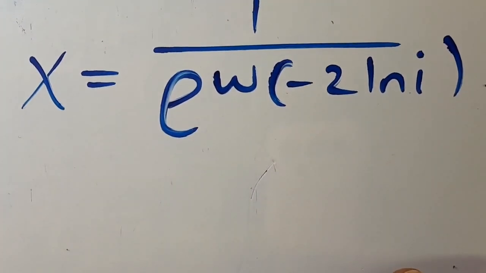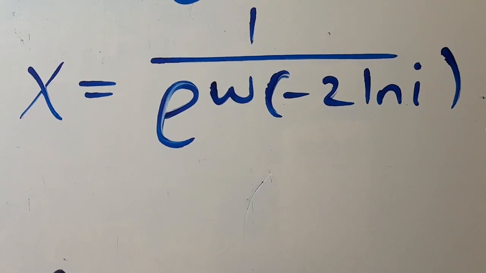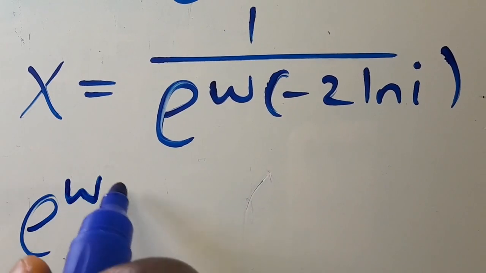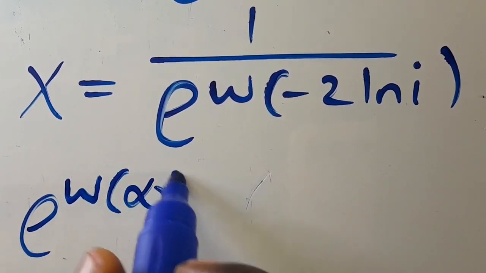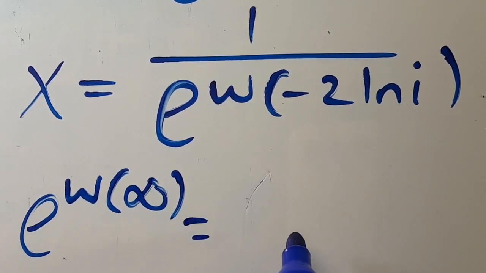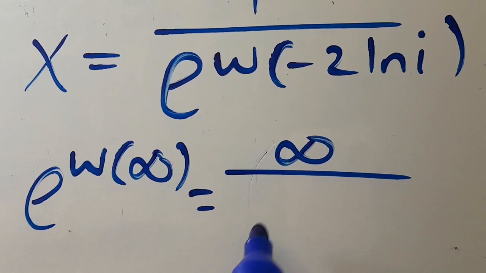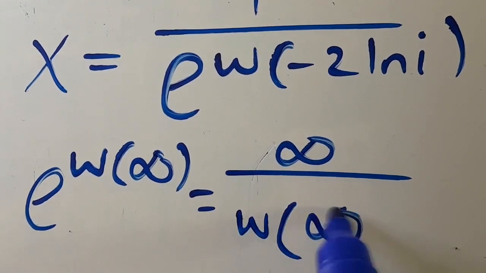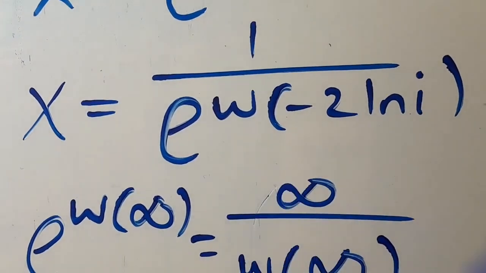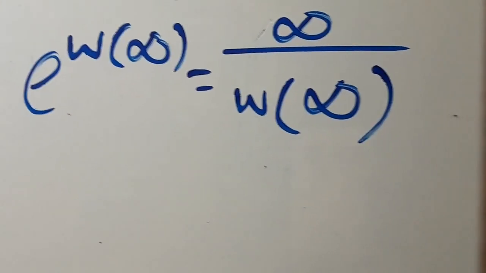Then from here, we must note that from the Lambert W function expression, e to the power of W of fish equals fish divided by W of fish. So therefore, when we apply this ideology here, we are going to have this expression as follows.